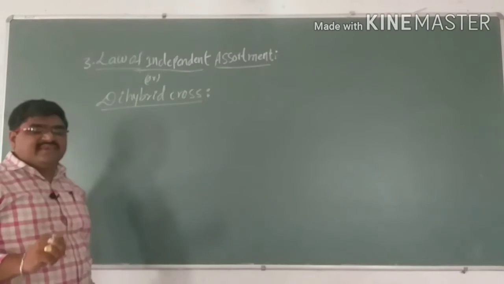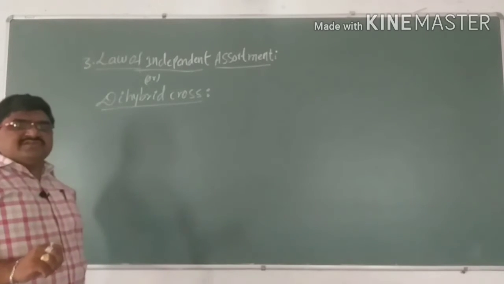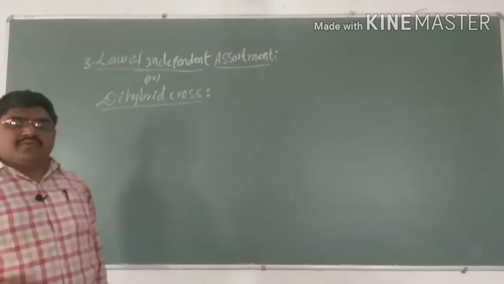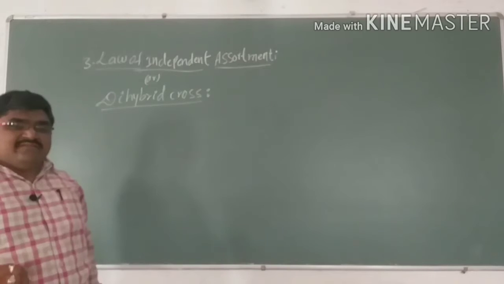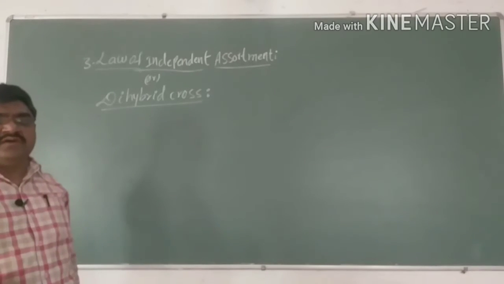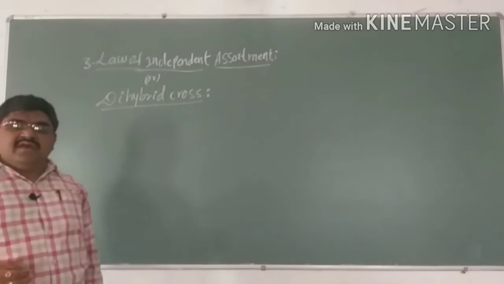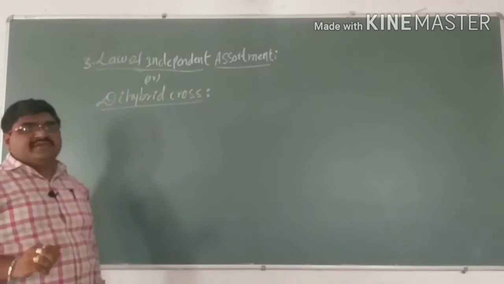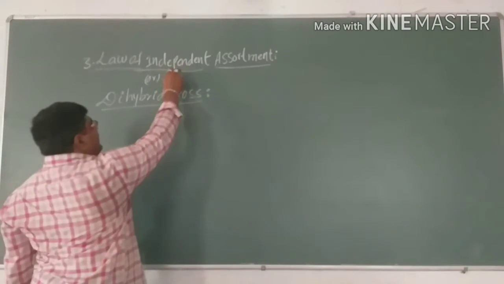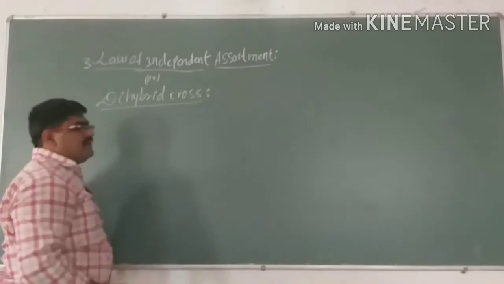That means when they are combined with one another in the F1 generation and then segregated in the F2 generation, each character expresses its own character. So different characters are produced in the F2 generation. So we call it independent assortment, or the dihybrid cross.